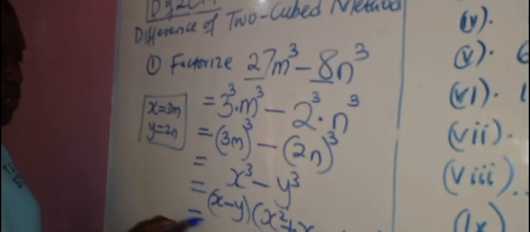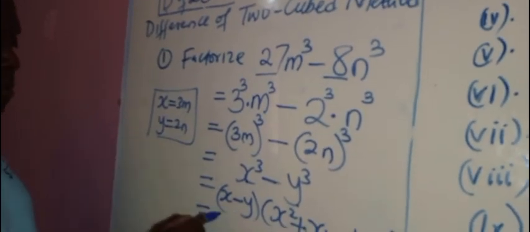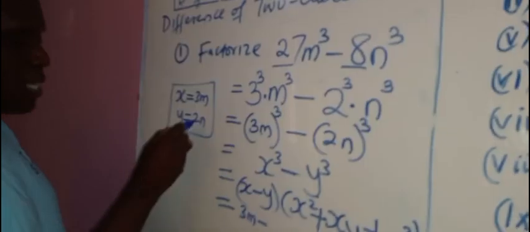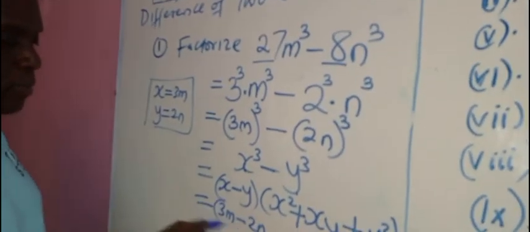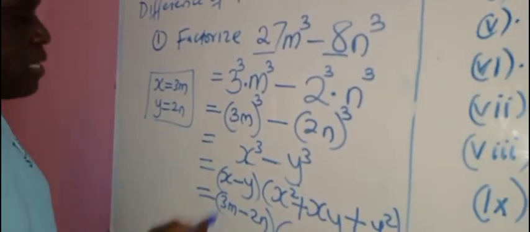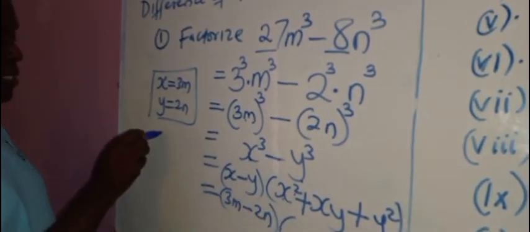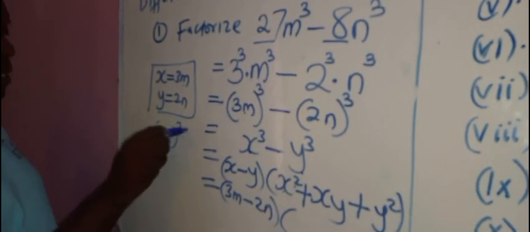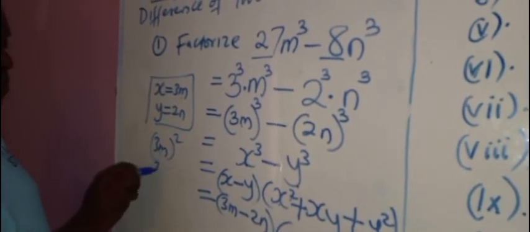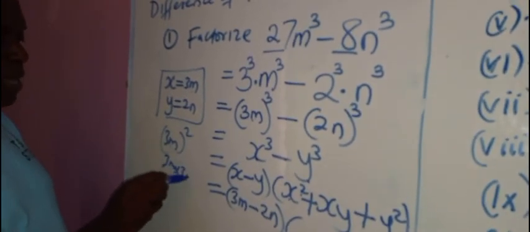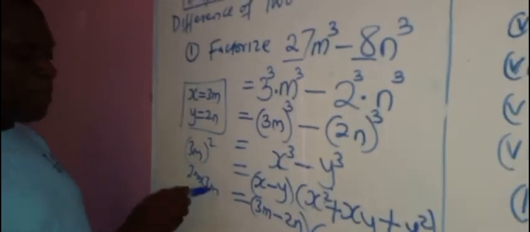So you now substitute. Our x is 3m, minus, y is 2n. Then again, x is 3m, but it has to be squared. 3m squared means 3m times 3m. 3 times 3 is 9. m times m is m squared.